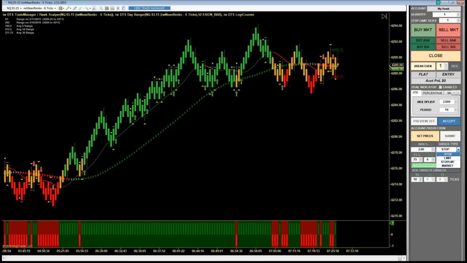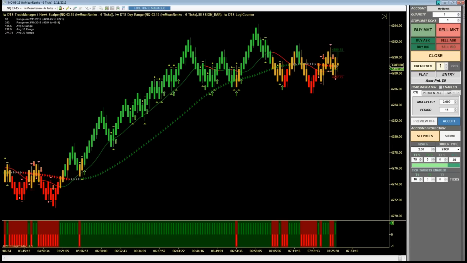You can save templates. So if you have a favorite setup, you can save all this exactly the way you want. There's also 4 order styles. The stop is the one I tend to favor the most, but there are limit orders and stop limit orders as well as market orders, or you can just use the market buttons up here if you choose.